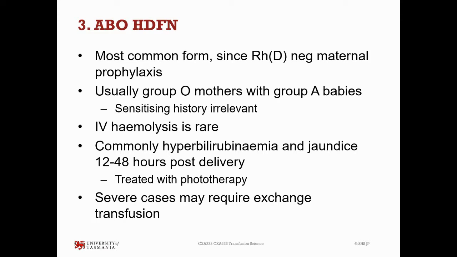So usually it's group O mothers with group A babies, but sensitizing history is irrelevant. Why is that? So remember, sensitizing history is the mother having had a transfusion or a previous pregnancy or a feto-maternal bleed. But sensitizing history is irrelevant when we're talking about ABO HDFN.